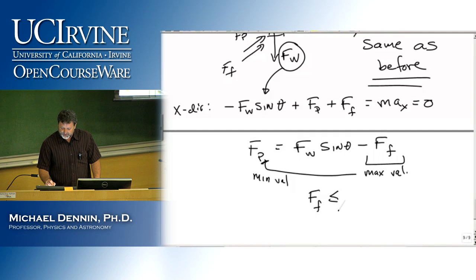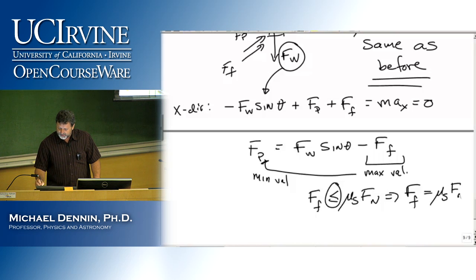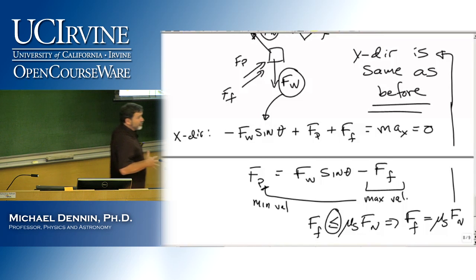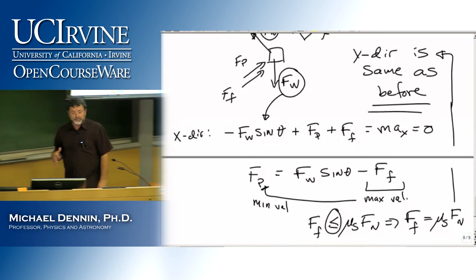This is the static friction case. We use the equal sign here and make the force of friction equal to mu s Fn, which we solved using our y direction equation. And that is the central feature of all of these problems.